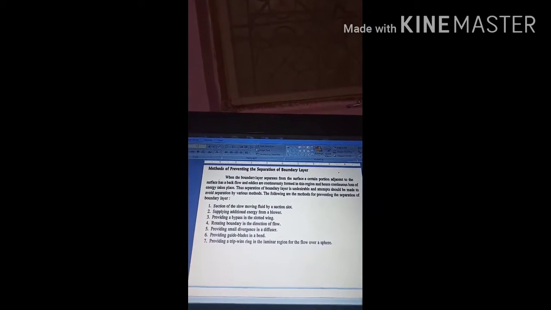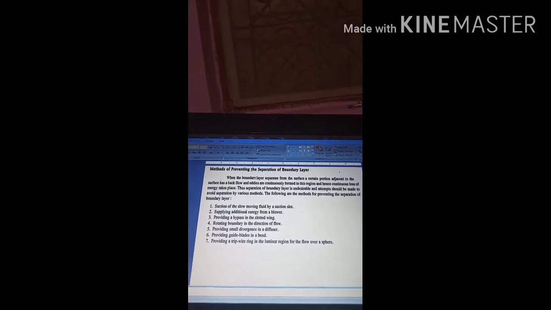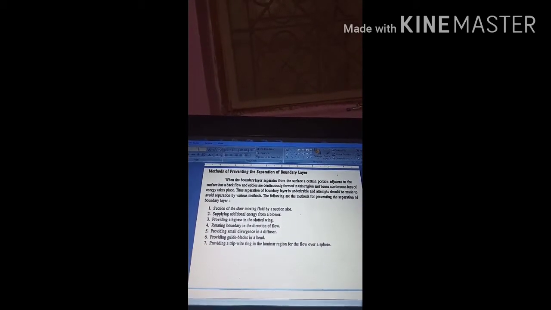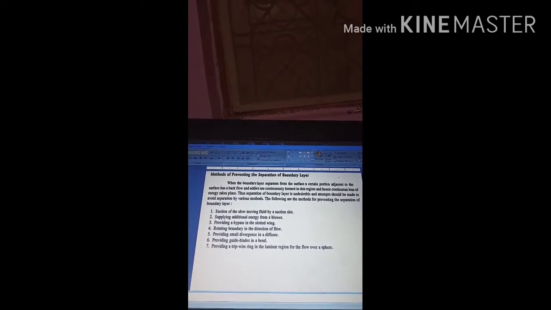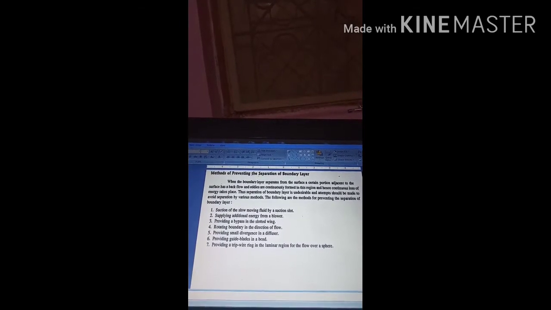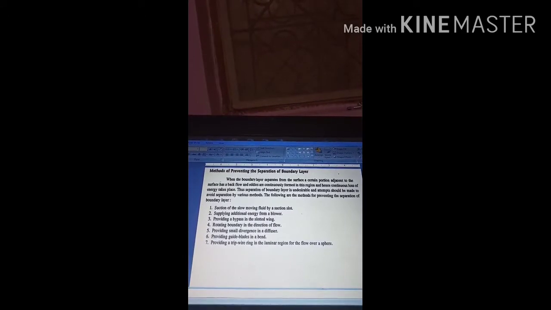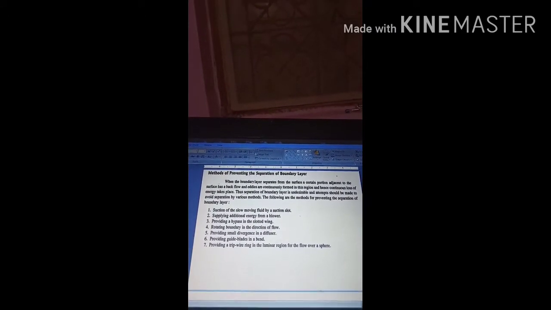Let us supply some additional energy from some external device, from a blower, and it will force the air to remain attached to the solid surface. Let us provide some bypass or slotted wing to that solid body, so that it will turn the fluid to remain attached to the surface. Many such methods are there.